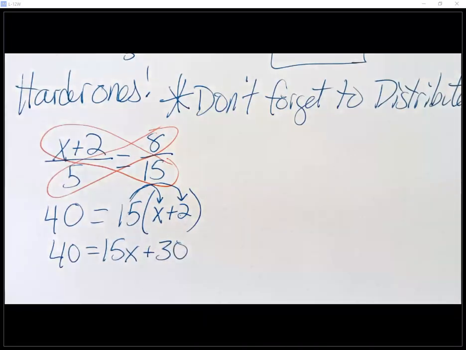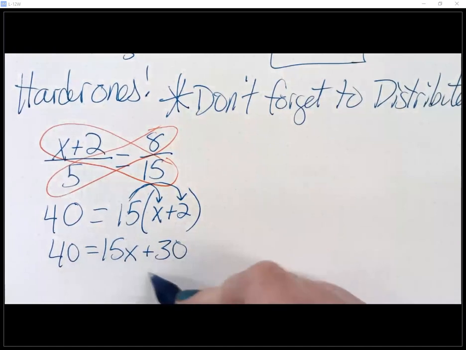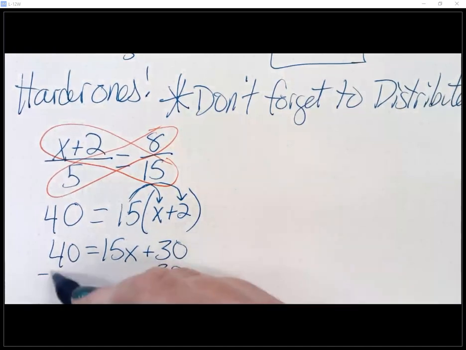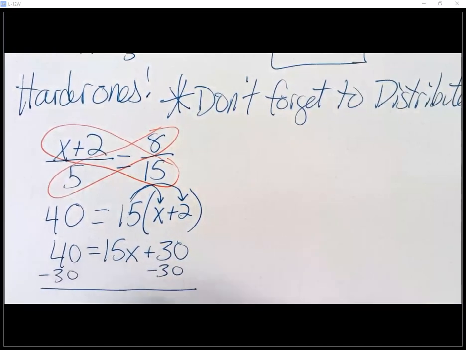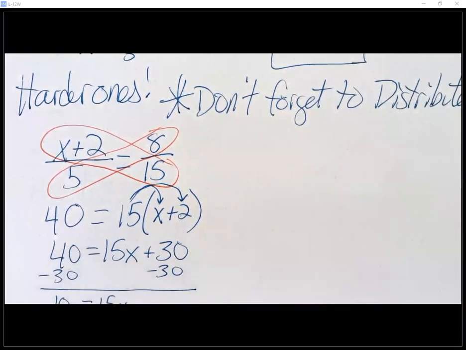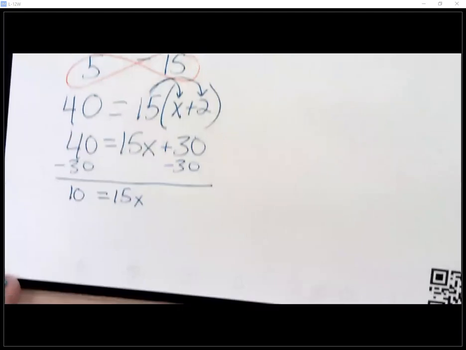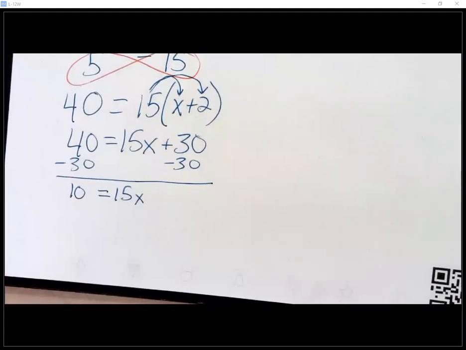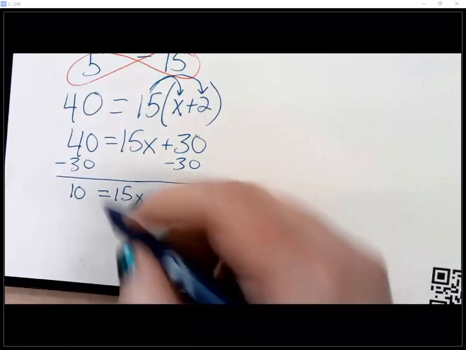And now I have an equation that I can solve just like I did before. So can someone remind me, what would I do to solve this equation now from here? Exactly. I'm going to minus 30. Now it just becomes like a normal problem like we did last chapter, right? So I get 10 equals 15x, and then my last step would be to divide by 15.